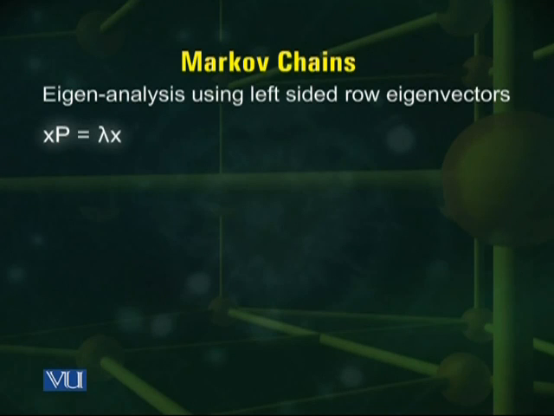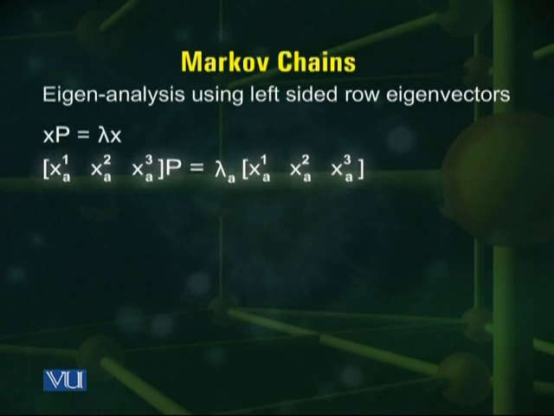If we expand this equation and actually write the values of, say, one of the 3 eigenvectors that we can use, XA, then this equation expands to this row vector, which is this X with 3 entries, XA1, XA2 and XA3.